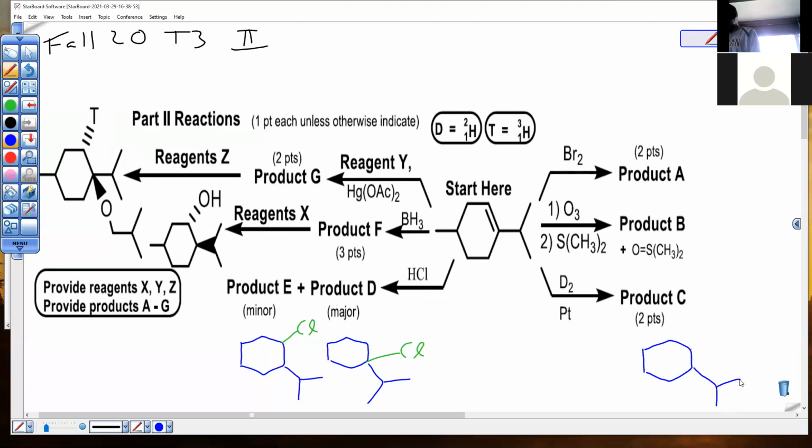You show me that by doing either wedge or dash for the deuteriums. I'll go with wedge, new deuterium here. Now, if we used just H2 and Pt, we wouldn't be able to tell they were syn, because on this carbon there'd be two H's and you wouldn't be able to tell the difference. But deuterium is different than hydrogen, even though the chemistry is the same.